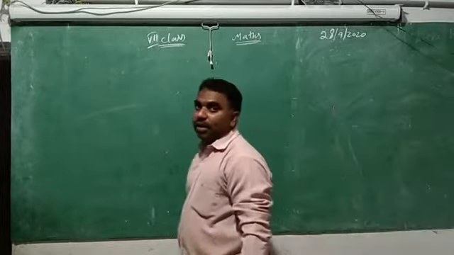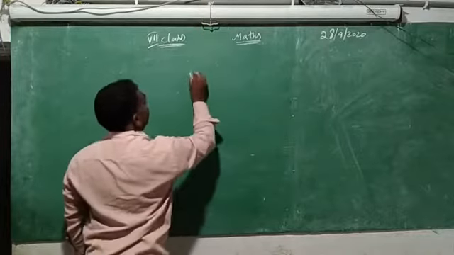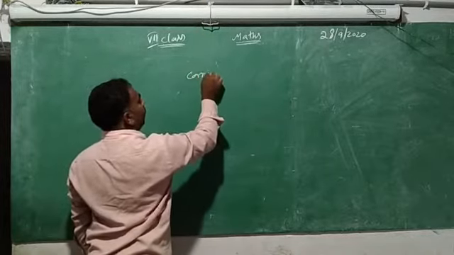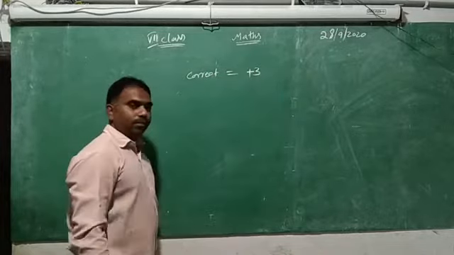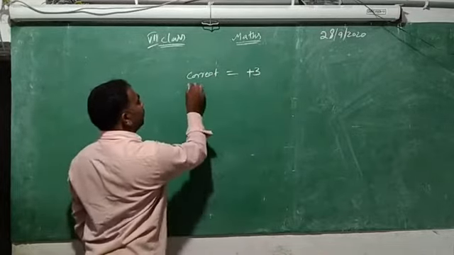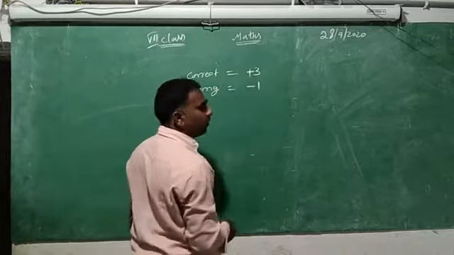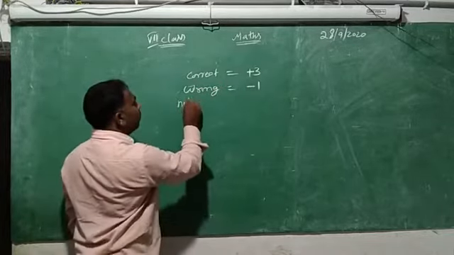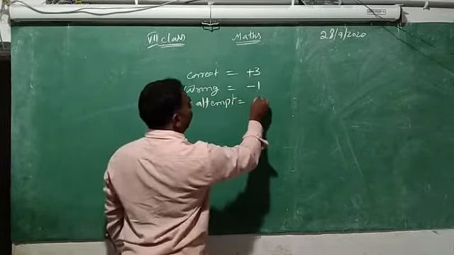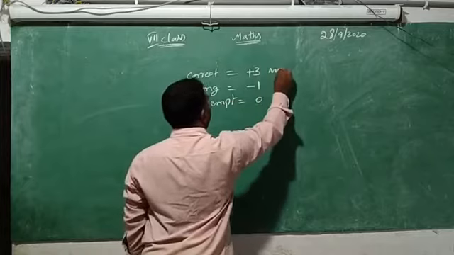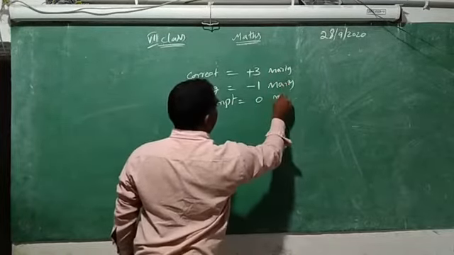In the exam there are 10 questions. For a correct answer there are 3 marks, which means plus 3. For a wrong answer there will be minus 1. For not attempted there will be 0 marks. Plus 3 marks, minus 1 mark and 0 marks.